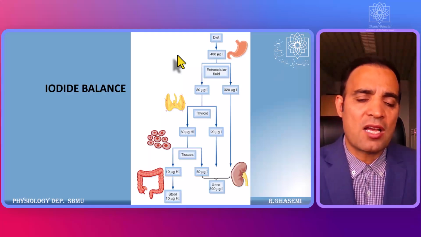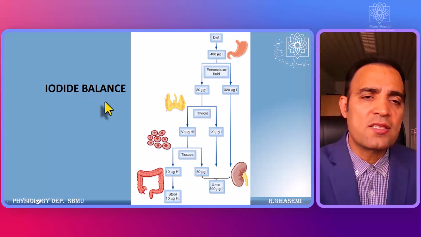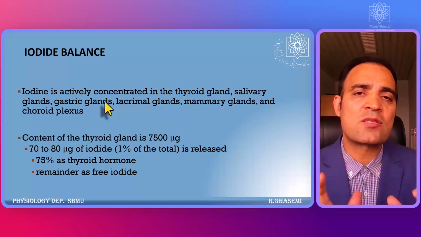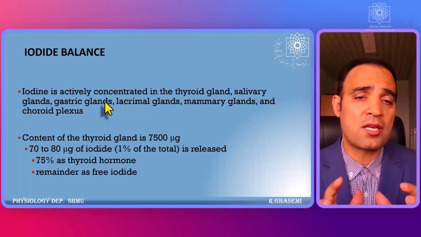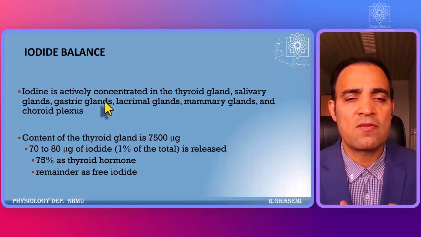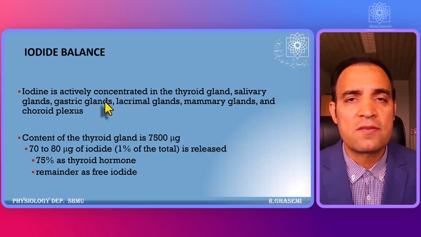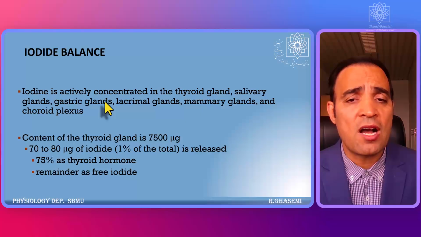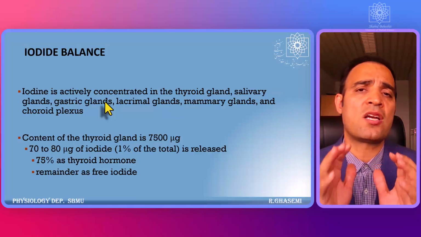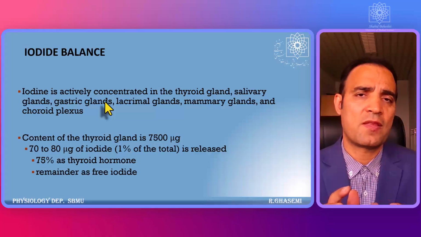From early life, iodide is concentrated and stored in the thyroid gland. We have about 7,500 microgram of iodide stored in the thyroid gland.